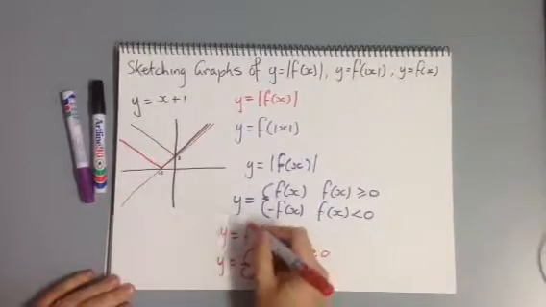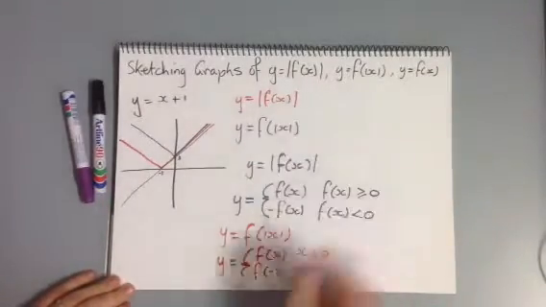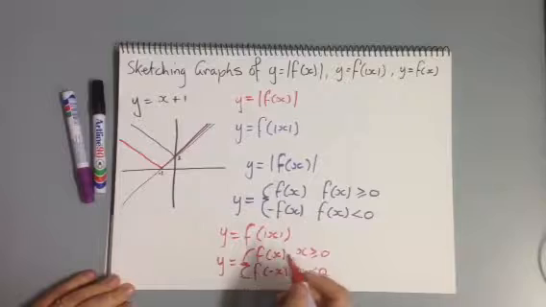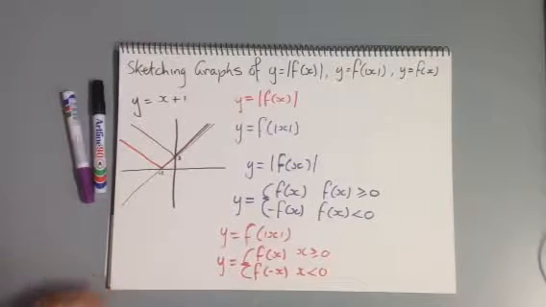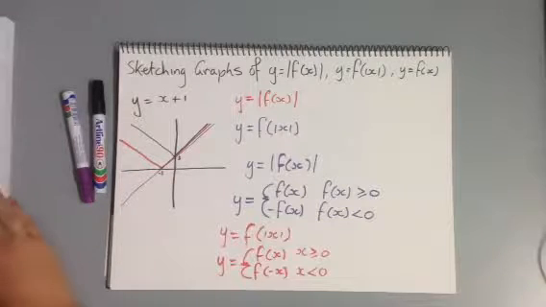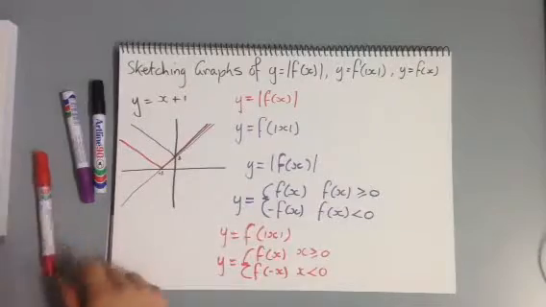So that just breaks up our modulus functions into piecewise functions where we don't need the modulus line anymore, because often we find it difficult to actually use the modulus function, so when we can, we break it down into multiple functions.